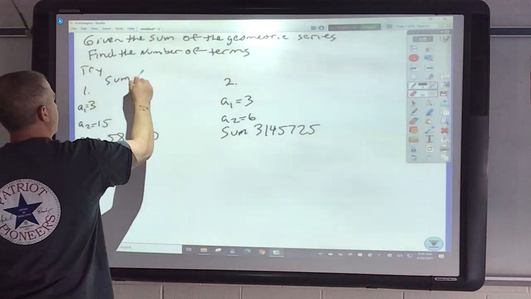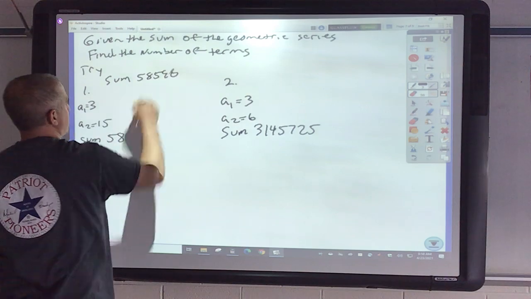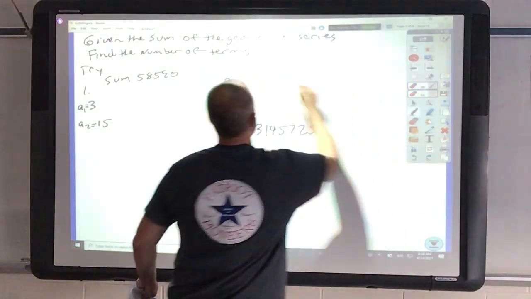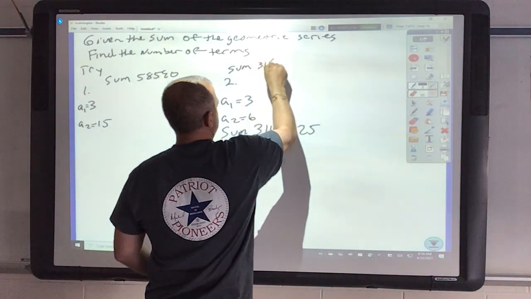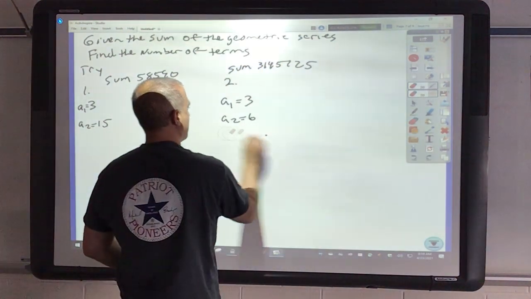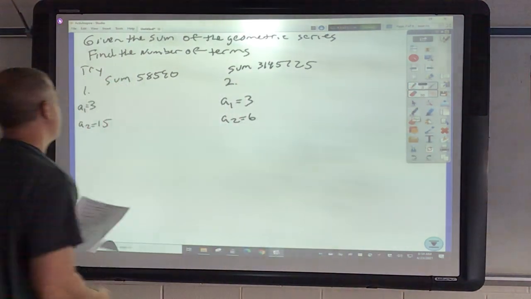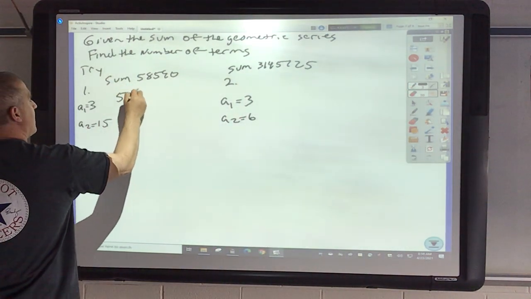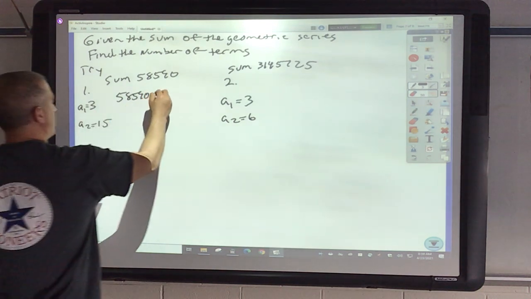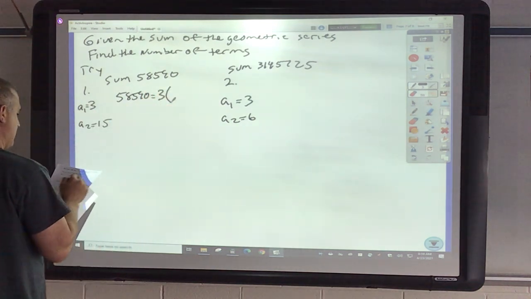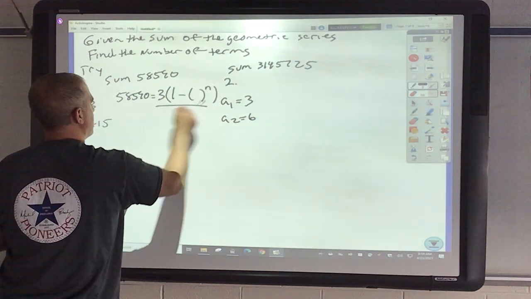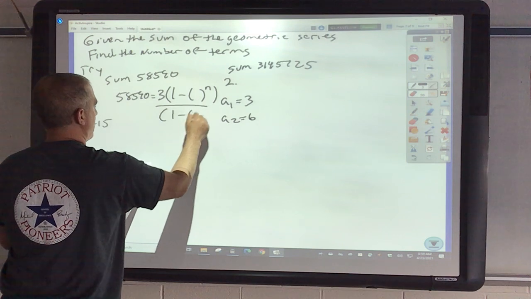Sum 58590, and then sum 3145725. So I just have more room. Bad board space. So 58590 equaling my first term of 3, times 1 minus my r to the n, over 1 minus my r.